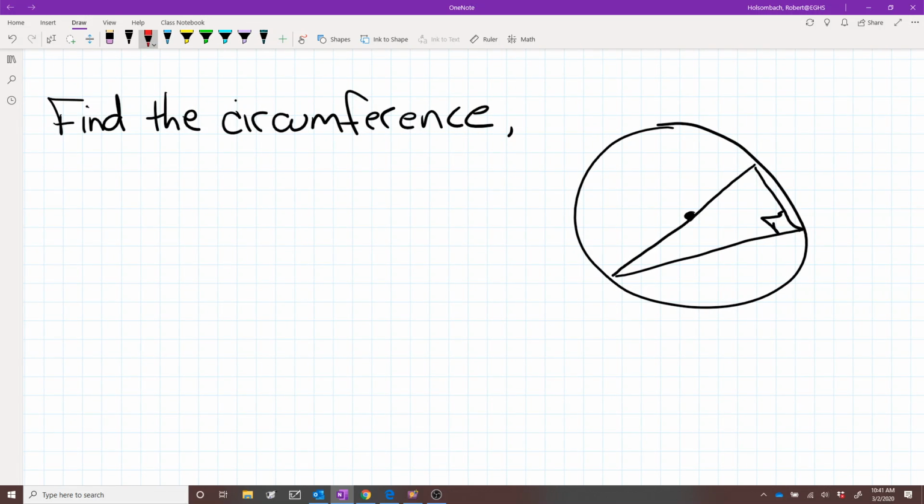In this triangle, you've got a side length of 8 and a side length of 12.